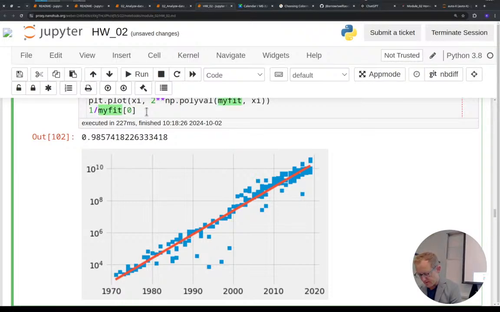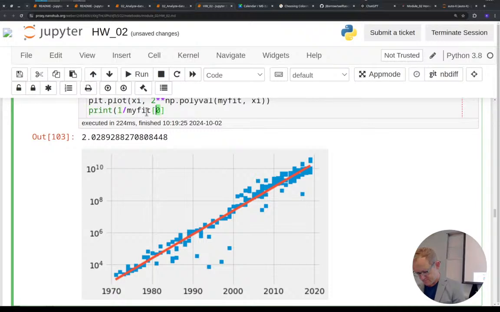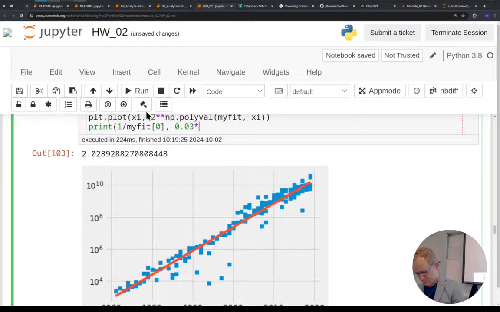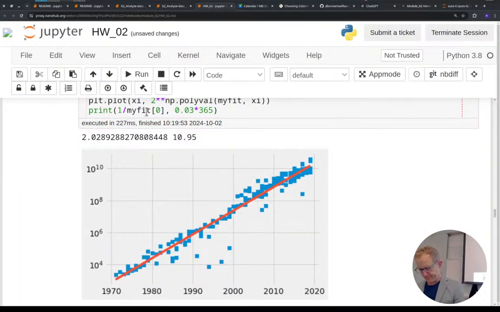What is it, 1 over that? Yeah, every 2.03 years. So 2 years and what is 0.03? Every 2 years and 11 days.